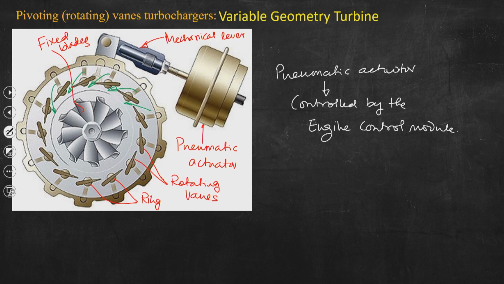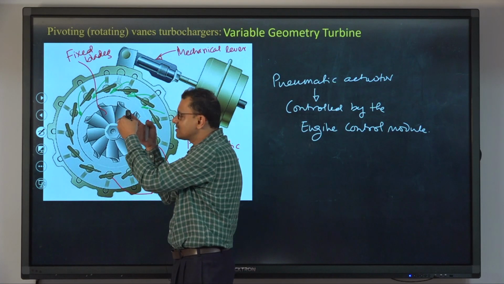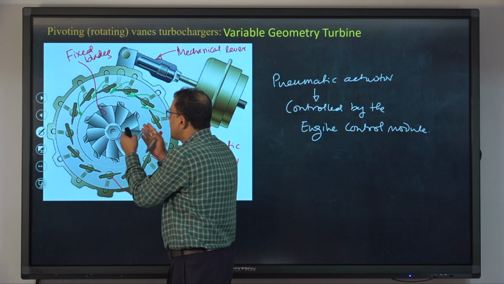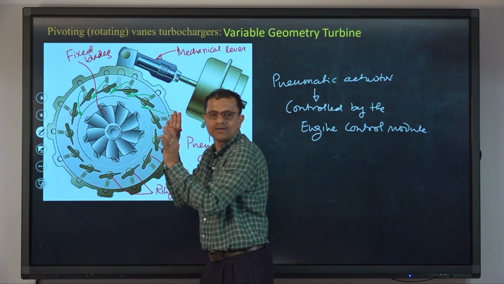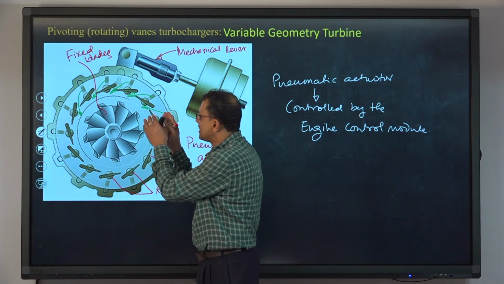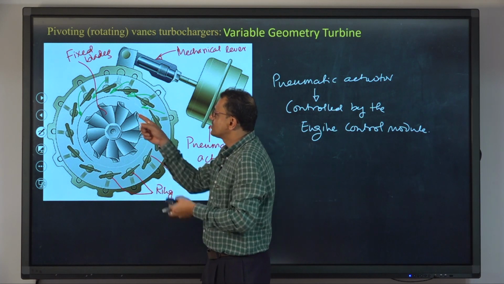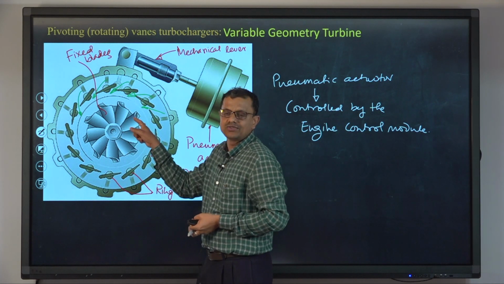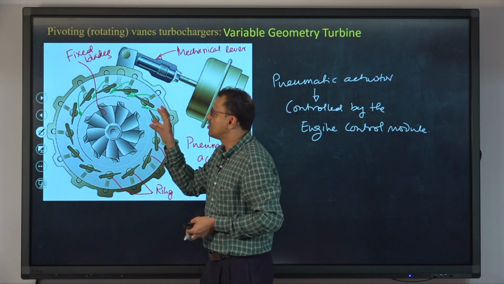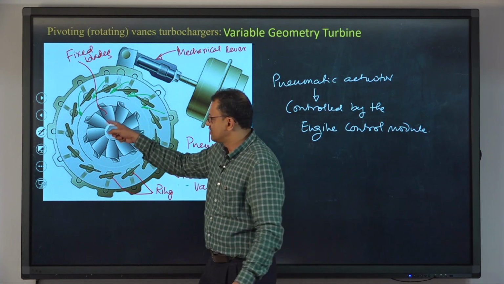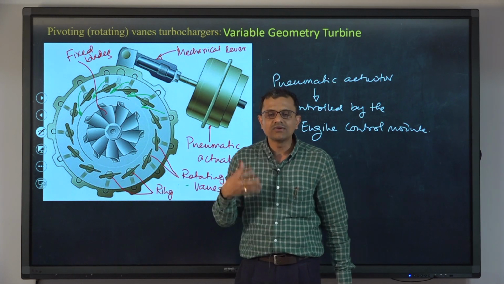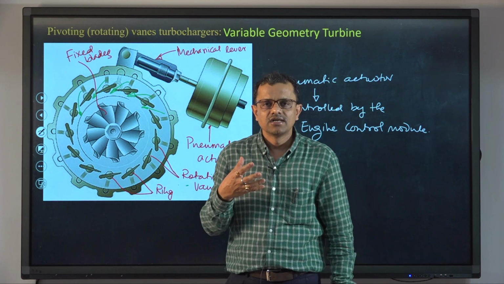If we can control the gap between two consecutive blades, we can control the flow rate of exhaust gases allowed into the inner part of the turbine, and then we can also control the thrust produced, or the rotation of the turbine inner blades, which in turn will control the rotation of the compressor.